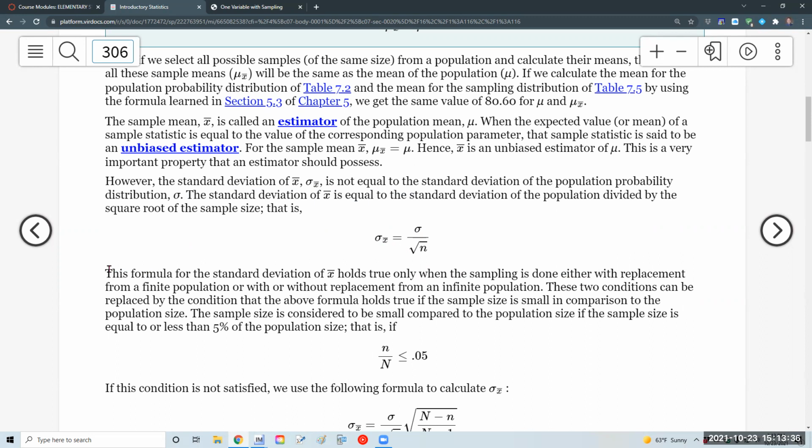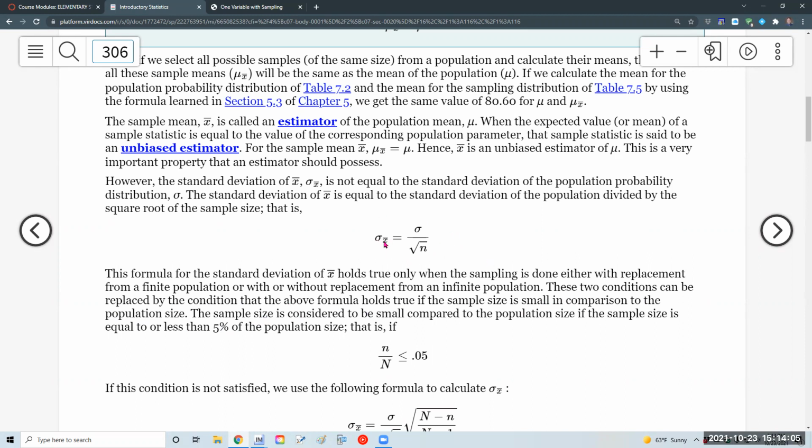And this formula will hold true when the sampling is done either with replacement from a finite population or without replacement from an infinite population. So now that's saying a lot. We can condense those two statements into the following statement. These two conditions can be replaced by the condition that this formula holds true.